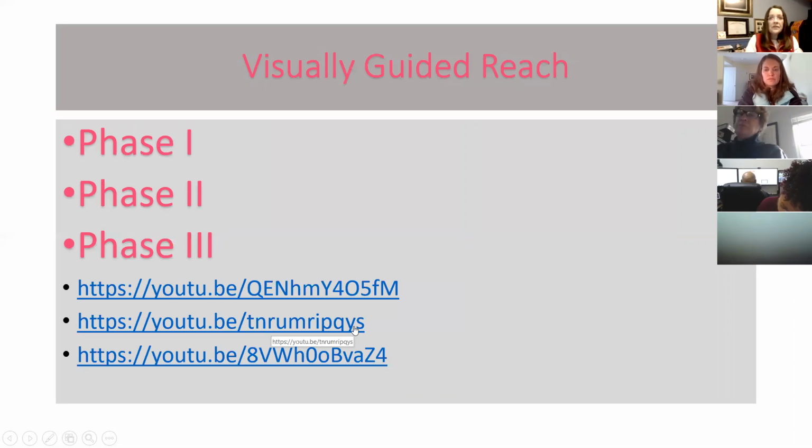Our students in phase 1, when they don't have the motor ability to reach, that doesn't count. But when our students have the ability to motorically reach or swat or bat at something, that's when we consider this. Our students in phase 1, remember, just have visual regard.